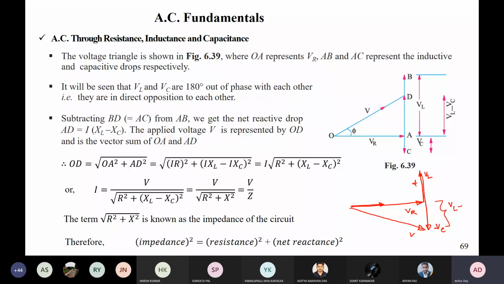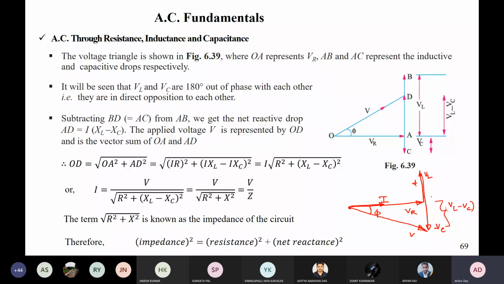Now see, it is downwards because capacitance is more, so the circuit is capacitive in nature. This is your resultant supply voltage, this is your series current, and this angle is phi, where current is leading the supply voltage. So your circuit is capacitive in nature.